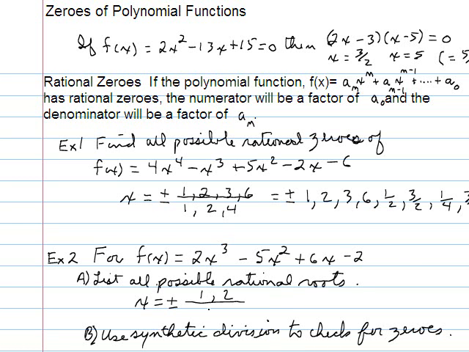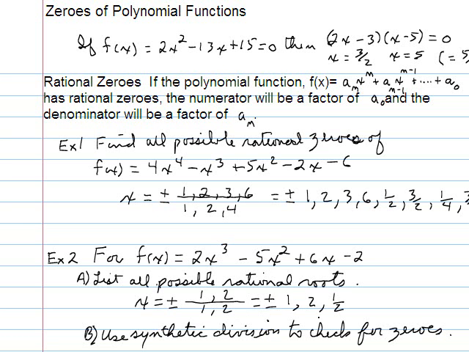Well, the first coefficient's also 2, so that would be either 1 or 2. So using the 1 on the bottom, I get positive or negative 1 over 1, which is 1, or 2 over 1, which is 2. And then using the 2 on the bottom, I get positive or negative 1 over 2, which is a half, and then 2 over 2, which is 1, which I've already stuck in my list here.